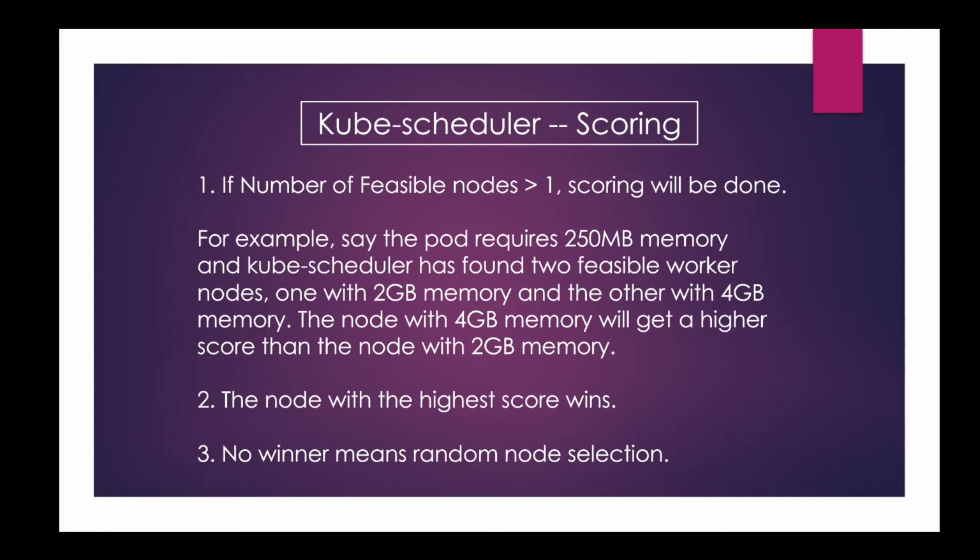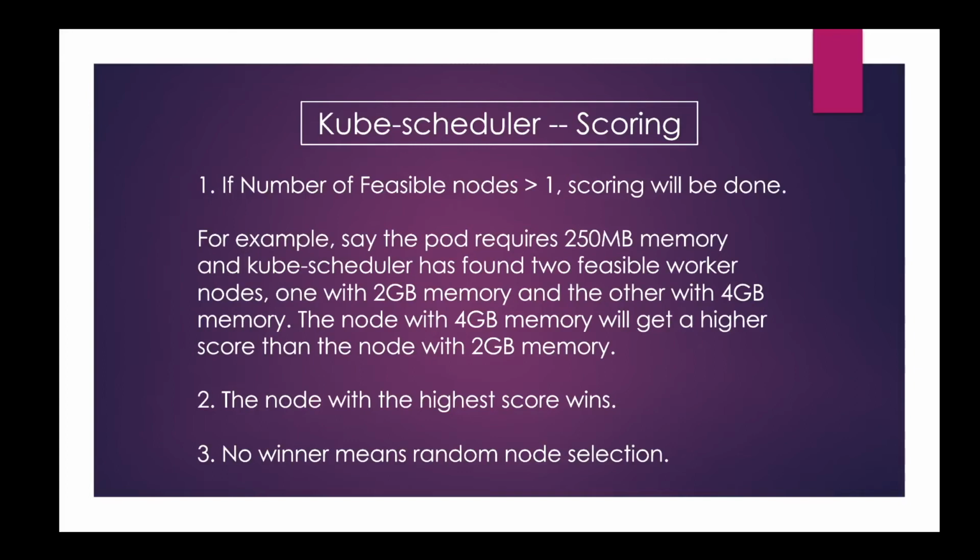Okay, this is another example. Let's say the pod that is about to be created requires 250 MB memory, and let's say the scheduler has found two feasible nodes, one with 2 GB memory, the other with 4 GB memory. Then the node with 4 GB memory will get a higher score than the node with 2 GB memory.